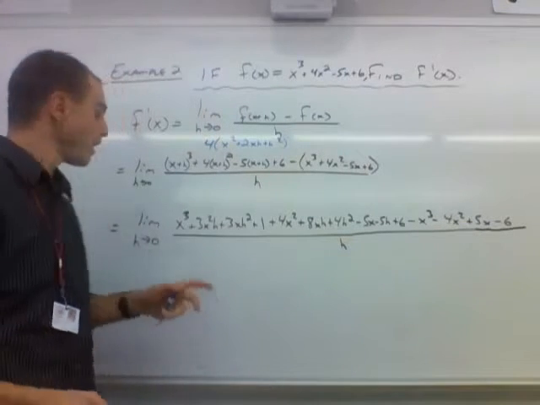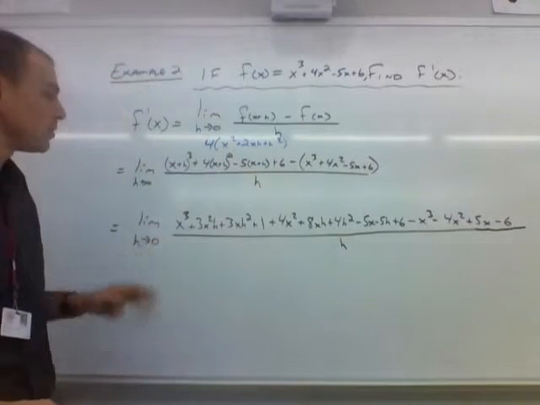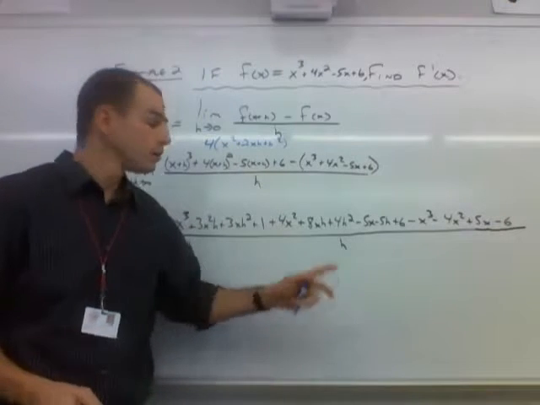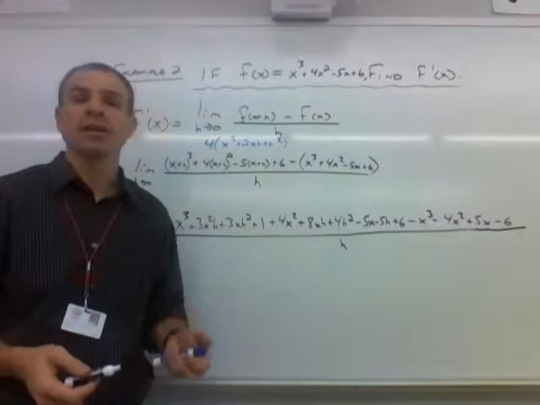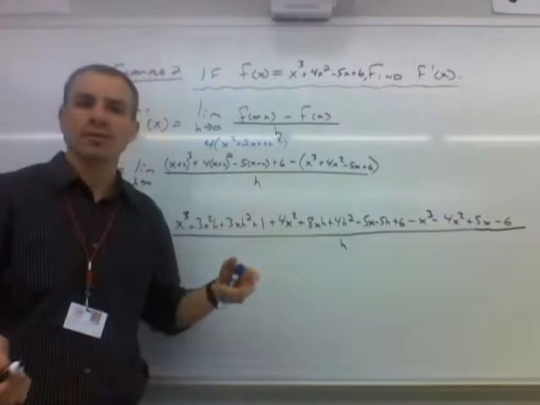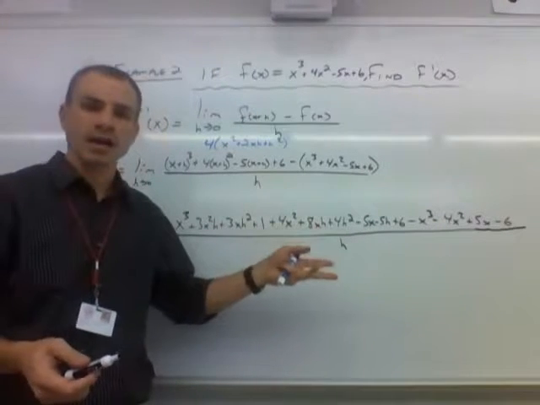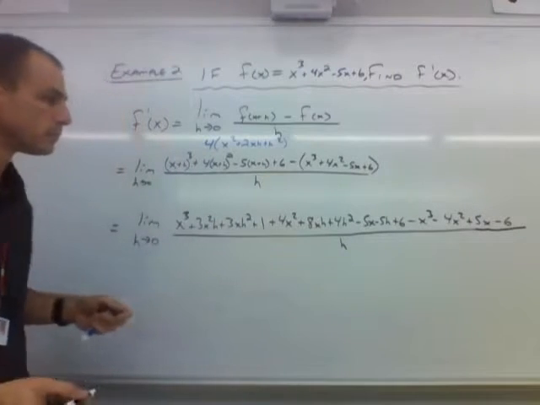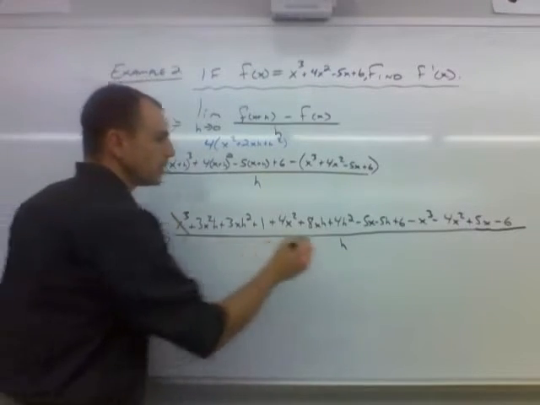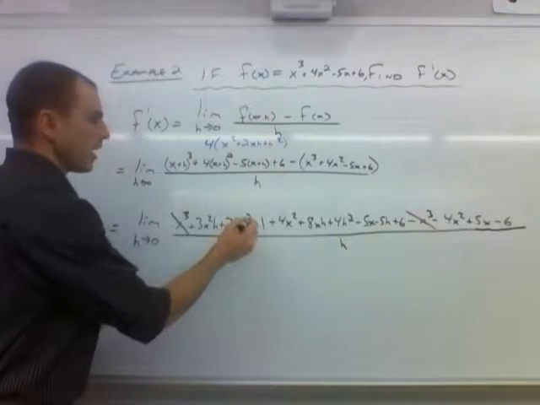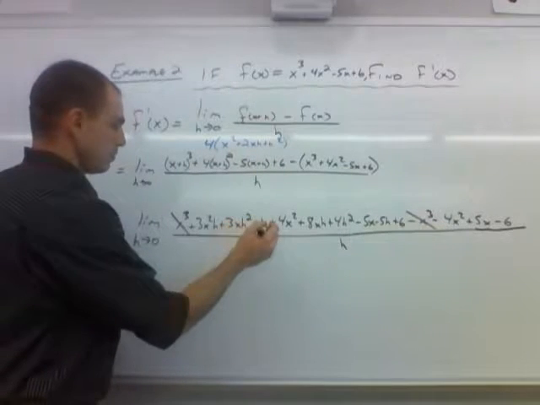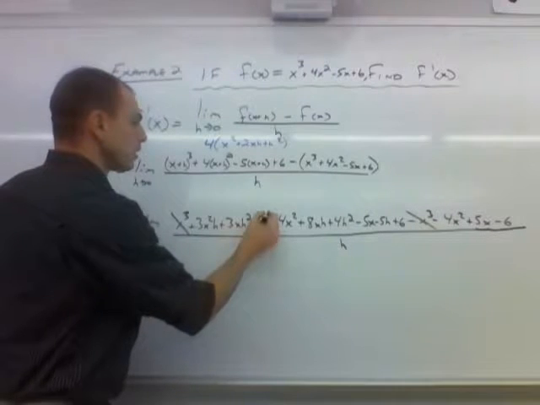Now, believe it or not, if we plug in 0 for h, this is still going to become 0 over 0. So we've got to get rid of this h. We can't do that unless all of the non-h terms cancel out. So take a second, pause the video if you need to, see if they all cancel out. I'm going to do the same thing right here. X cubed minus x cubed. And then we have, oops, this should be an h cubed right here, not 1.